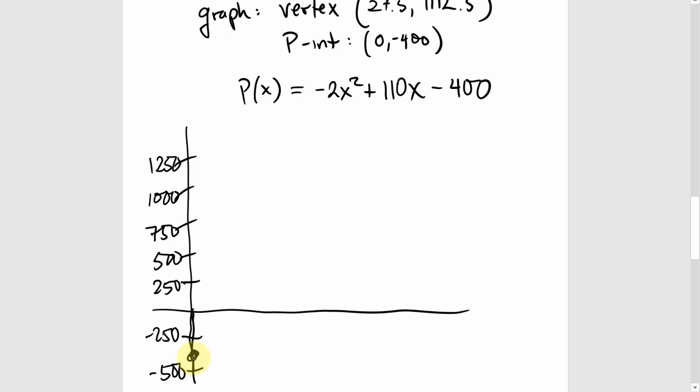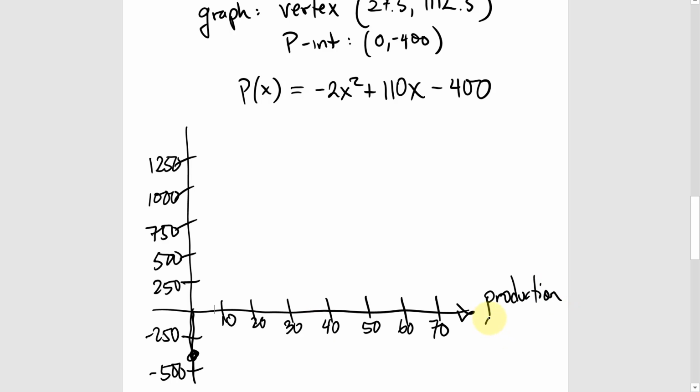And on the horizontal scale, I'm going up to 27.5, so I could count by 10 or 20. I know this is the middle of the graph, so perhaps it'll be around 60 when it comes back down. Not exactly, because we don't have a vertex right on the axis, but something up to around maybe 60 or so. So yeah, counting by 10 seems reasonable.